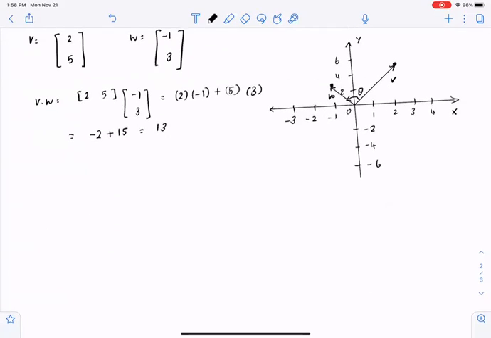Now we want to find the magnitude of v, which is simply the square root of the square of each component. 2 squared plus 5 squared, square root of 29. If you approximate it, it will be 5.39.